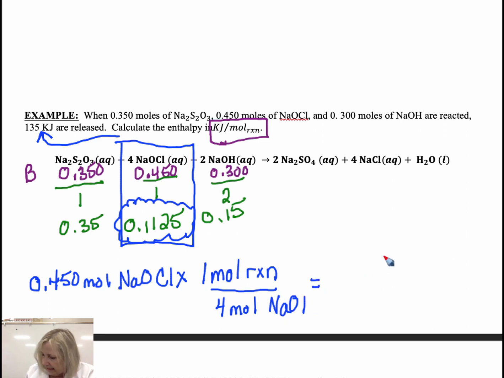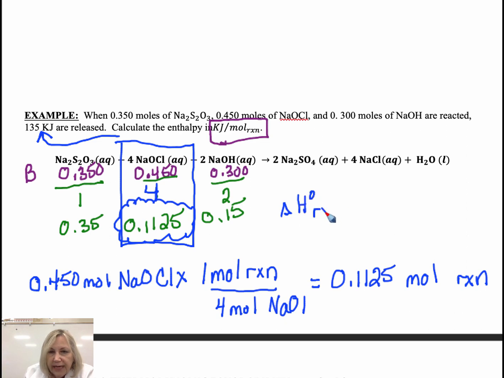So that means that I'm going to have 0.1125 moles of reaction occur. Isn't that interesting that the way I evaluate my limiting reactant ends up giving us that mole of reaction? That should have been a 4 right there. I'm glad I caught that. So now my delta H naught for my reaction is going to be 135 kilojoules. That's what was released for every 0.1125 mole of reaction.